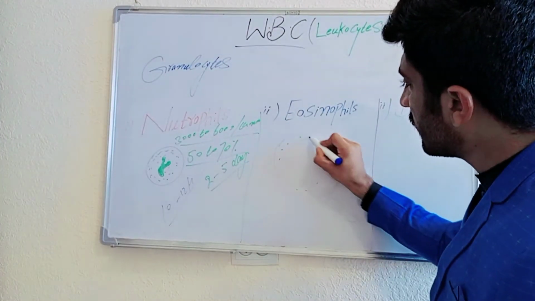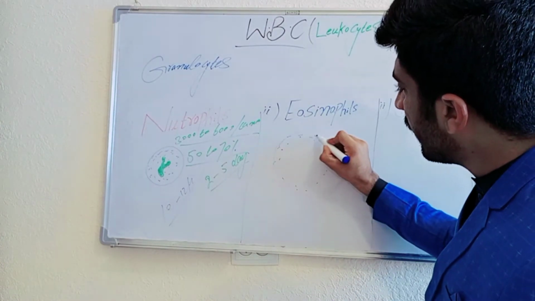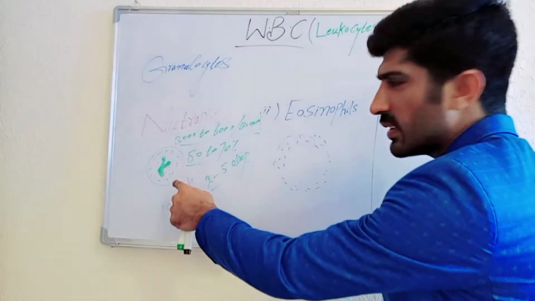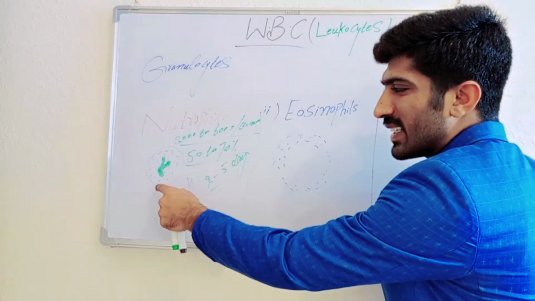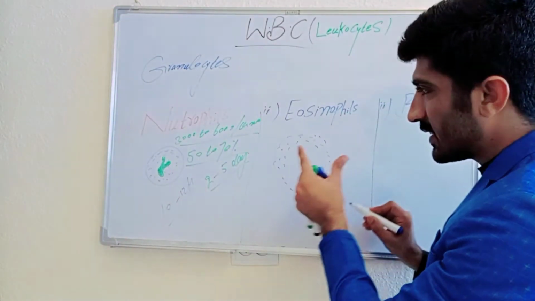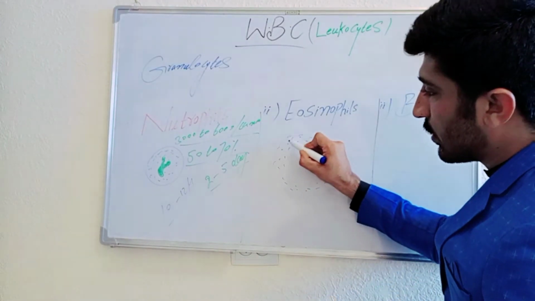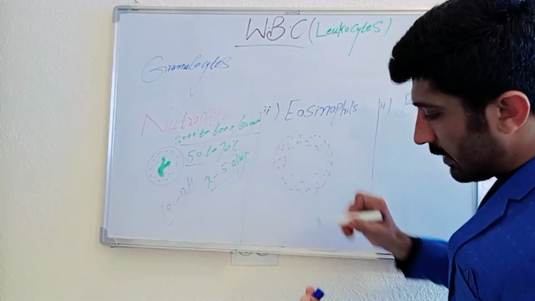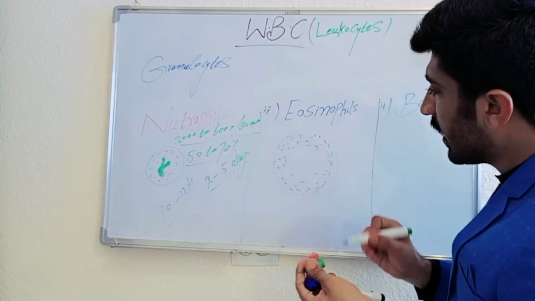The diameter of this cell is larger than neutrophils, and there are large size granules present. In neutrophils we discussed small size granules, whereas in eosinophils large size granules are present. And there is a bilobe nucleus.